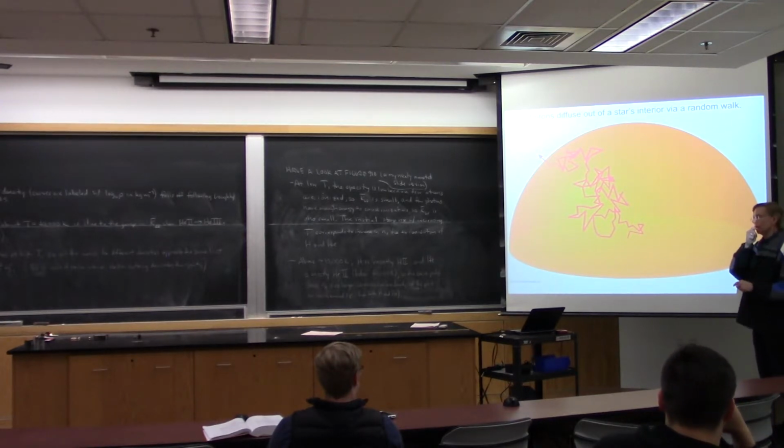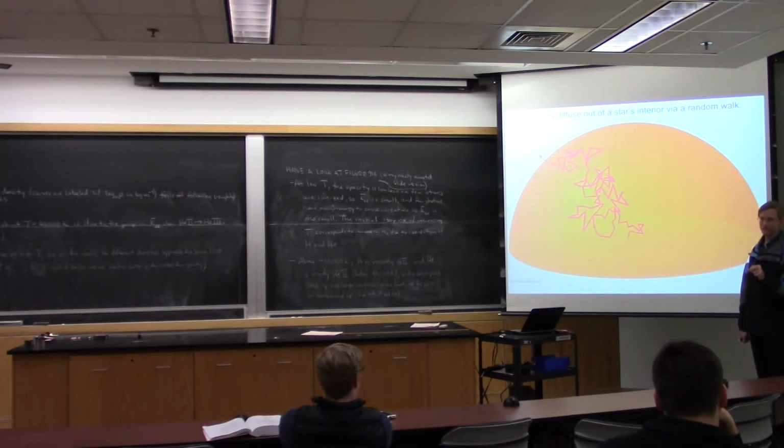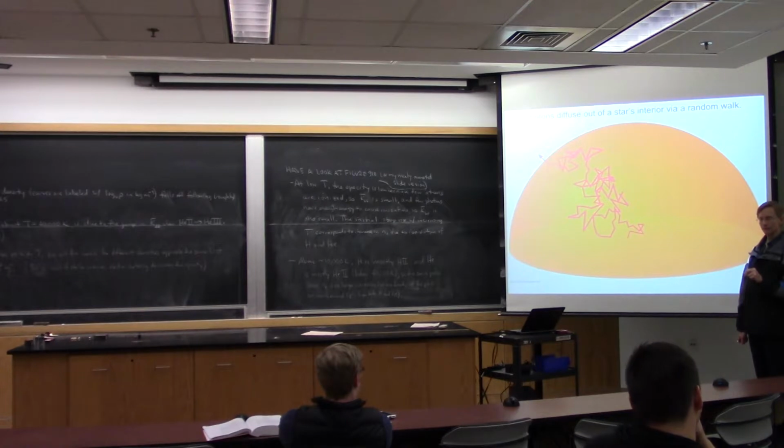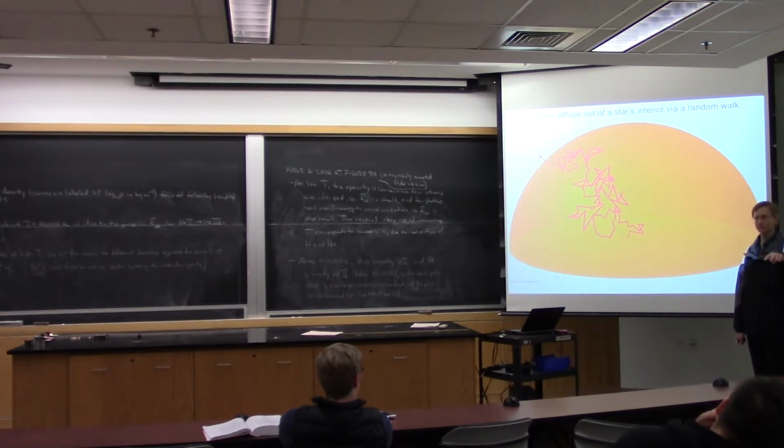Photons, on the other hand, take something like 100,000 to 1 million years. So if you think about it, essentially what that means is, ignoring the fact that photons sometimes get absorbed, and so it's not really the same photon, but if you pretend it's the same photon the whole way, it has to travel something like 100,000 to 1 million light years to make it all the way out of the sun.